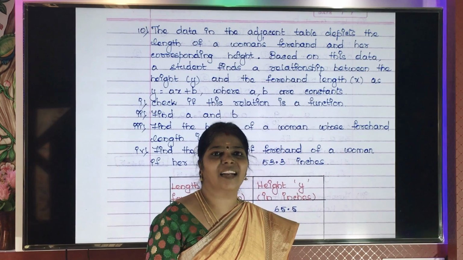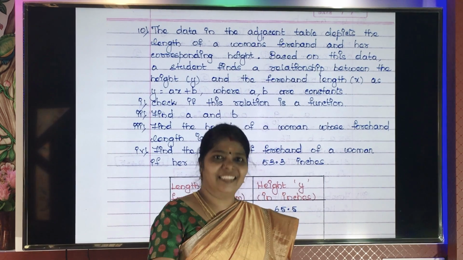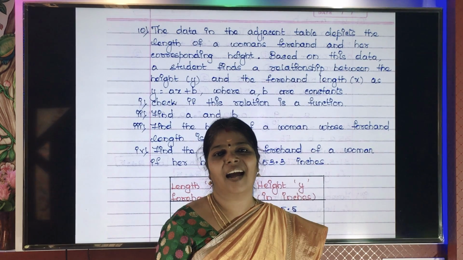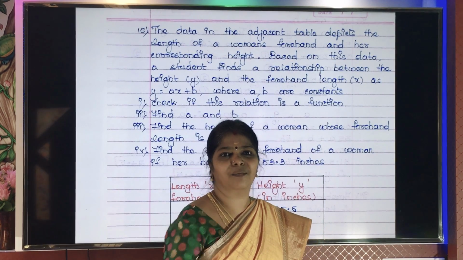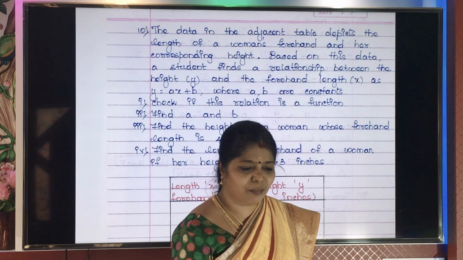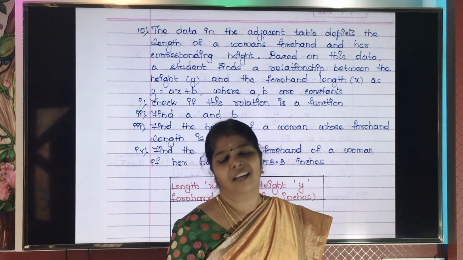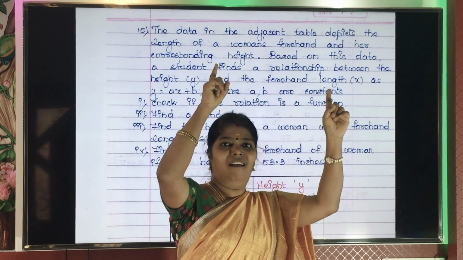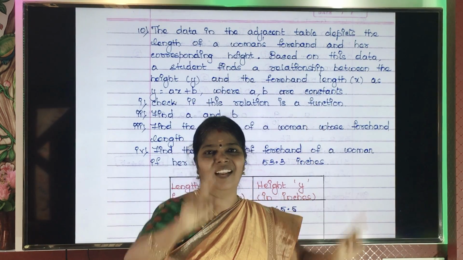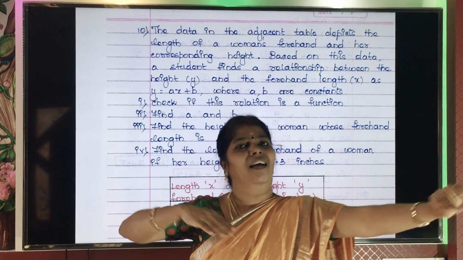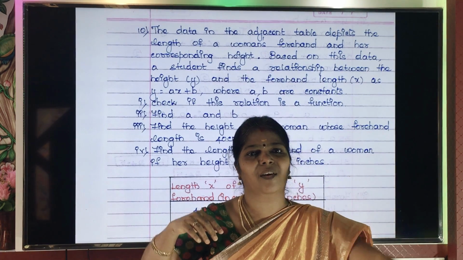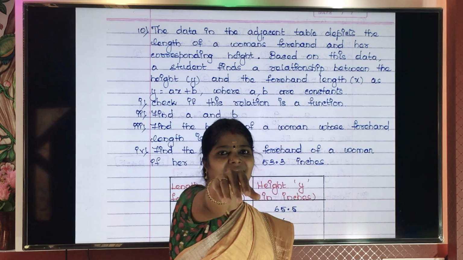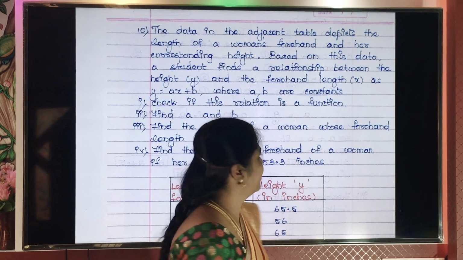Why it is like that? Because there is a relation between our height and the forehand. Okay? If I am tall, my forehand also will be quite longer. But if I am short, according to my height, my forehand also will be there.